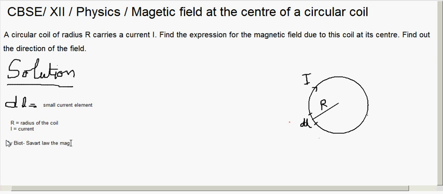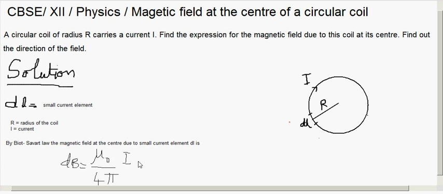By Biot-Savart law, the magnetic field at the center due to the small current element dl is given by dB equal to mu naught by 4 pi into I dl sin theta.